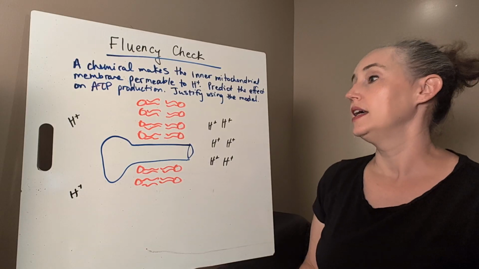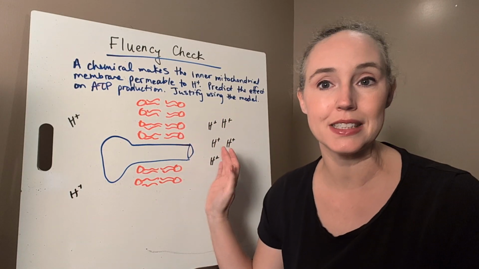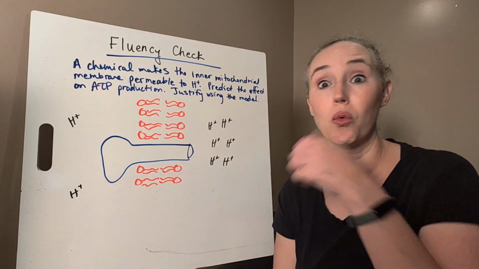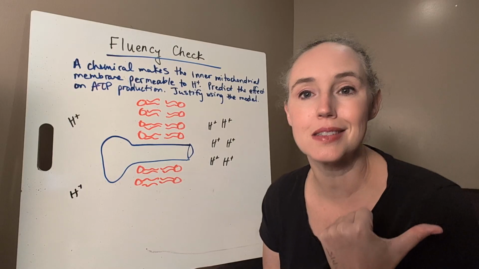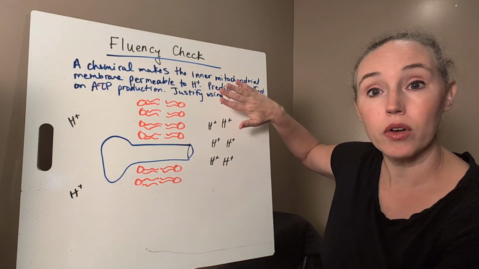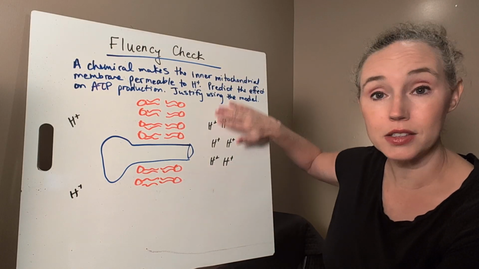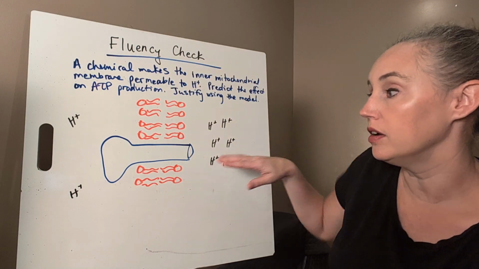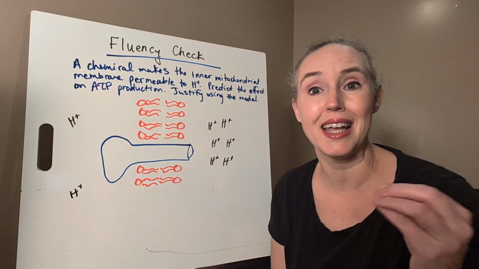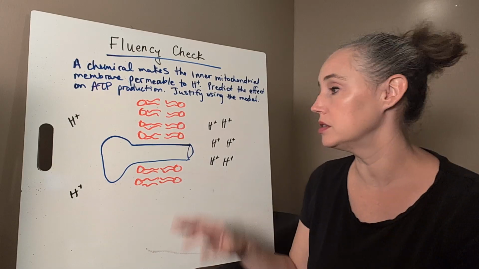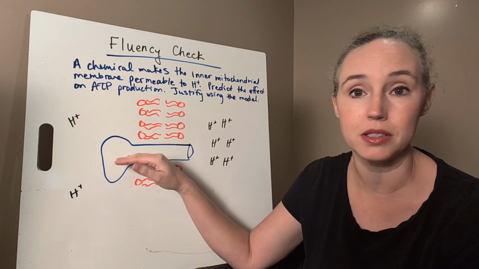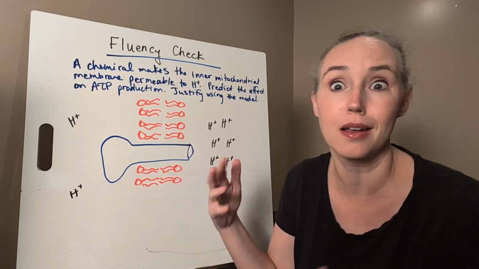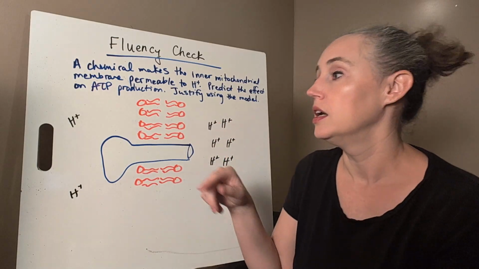So first, this model is oriented differently than the one earlier, but it's the same model. You've got an area with a high concentration of protons. You have a lipid bilayer, an ATP synthase, even though it's not labeled, like almost all ATP synthases look something like this, because that's how it looks in real life.